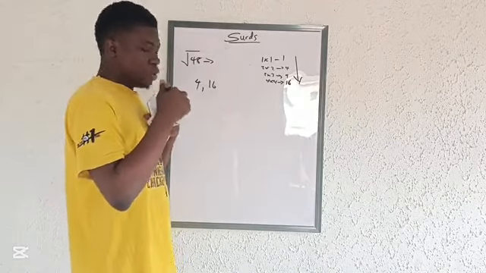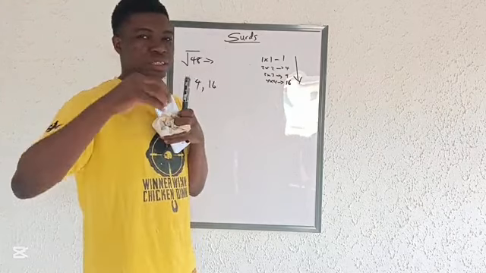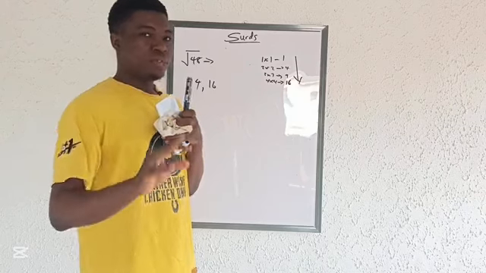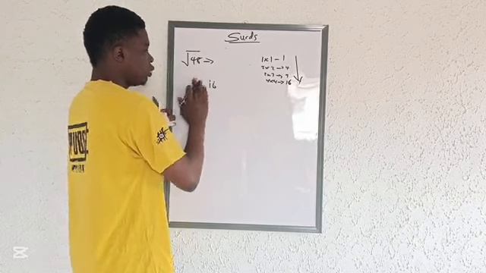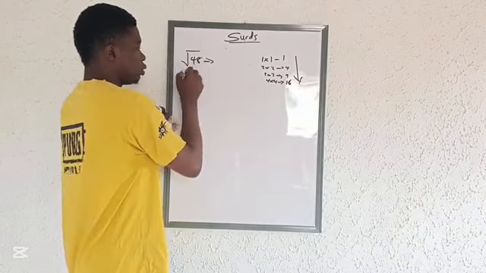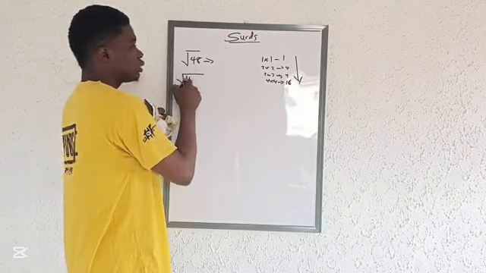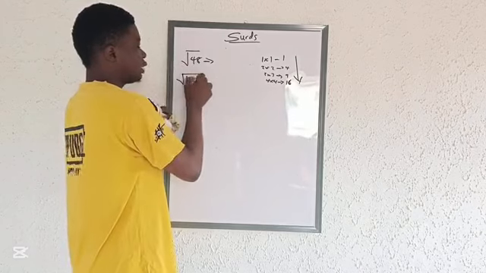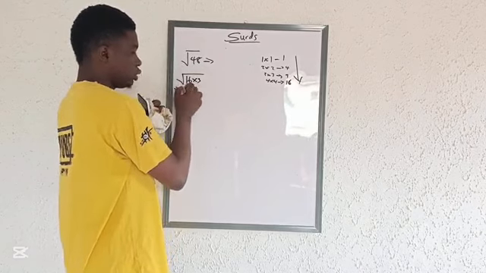So, when you are simplifying a surd, you remove the highest perfect square you can get from that surd and you simplify it. Now, how do you simplify this? The highest perfect square you can get is 16. So 16 times what will give you 48? That's 16 times 3, right? Then the next thing we do is separate it.